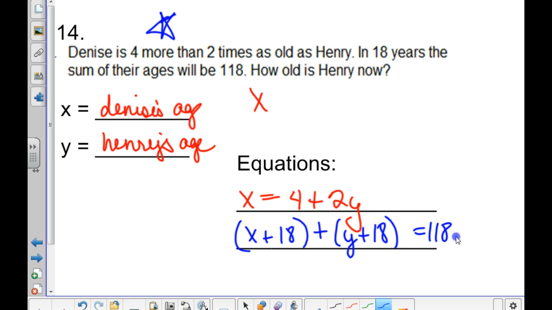And when you add their ages together, you're going to get 118. You don't have to have the parentheses. You don't have to write it exactly like that. You could subtract the 18s from the other side, both of them. But do you get the idea that the sum, they both have to have aged 18 years, not just one of them. Can you remember that for the test?